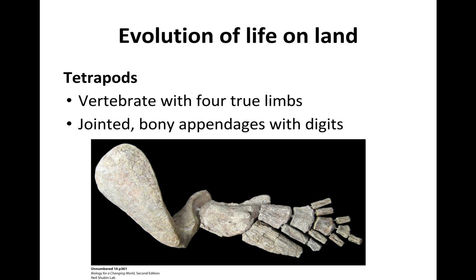A tetrapod is a type of vertebrate with four true limbs, and they're jointed, and they have bony appendages with digits. Digits means they have fingers and toes. So this is an example of a tetrapod. One of its limbs is bony and jointed, and then it has these little digits as appendages. This would enable an animal to move around on land rather than in the water.